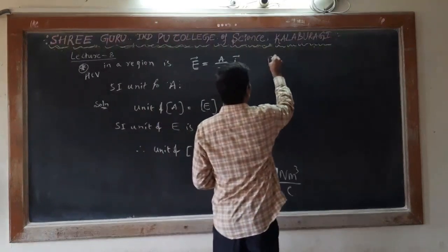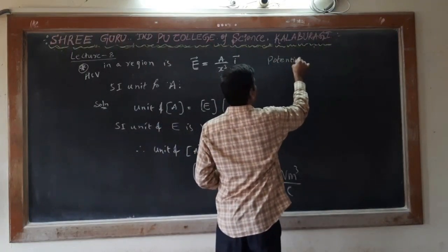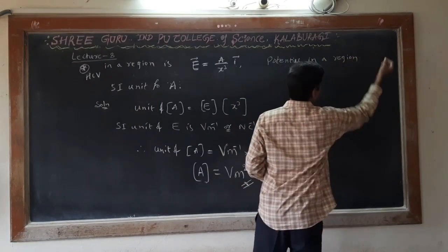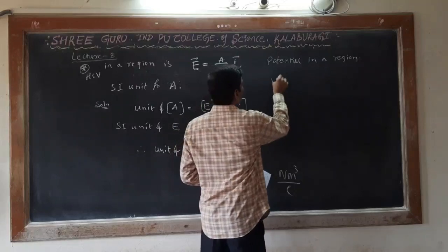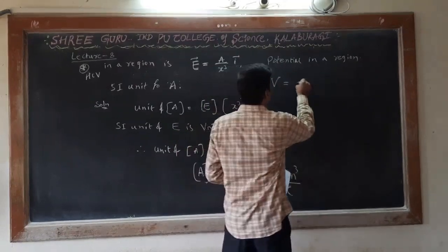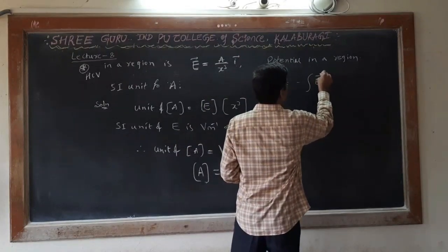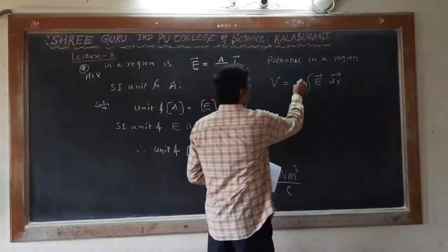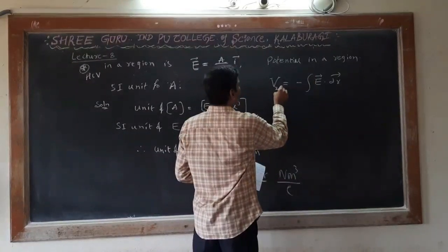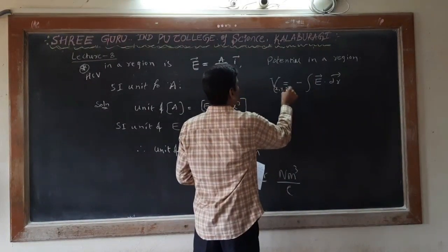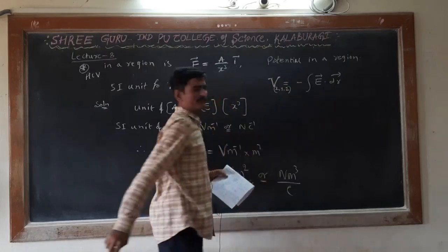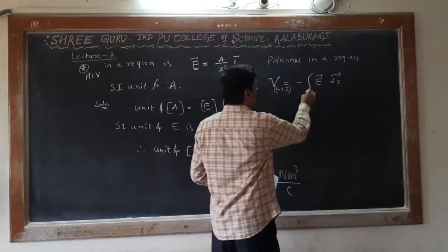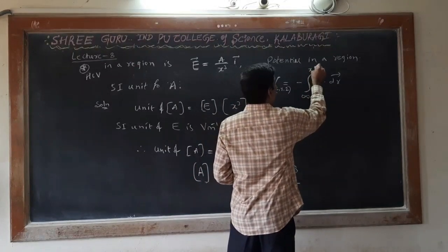Potential in a region of electric field is given by V equal to minus integration of vector E dot dr. We have already solved this. Potential at a point with coordinates x, y, z is the integration of vector E dot dr from infinity to x, y, z.